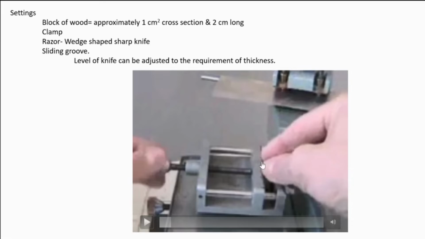Here the wooden block is being placed. We can see the wedge-shaped cutting knife and the groove. As the person takes his hand away, we can see the cutting knife moving over the groove across the wooden block for making thin sections.